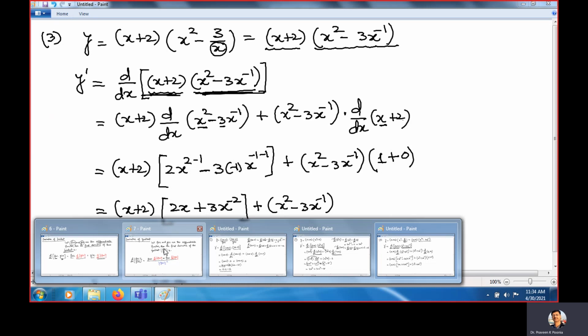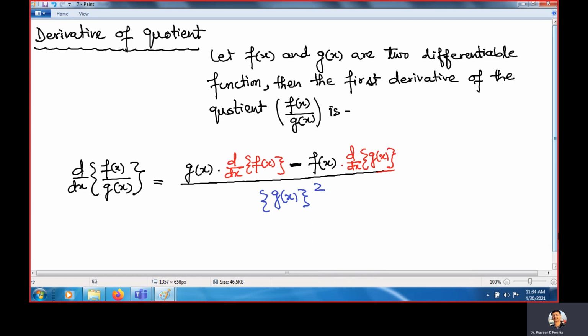Now, if the functions are given in quotient form, quotient form means division form. Division form means if fx and gx are two differentiable functions, then the first derivative of quotient fx upon gx is given by.